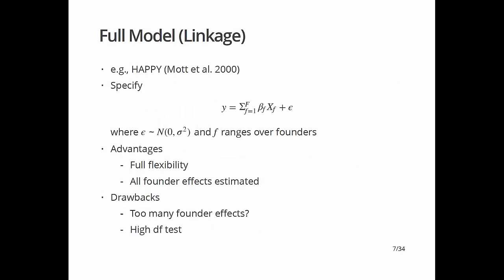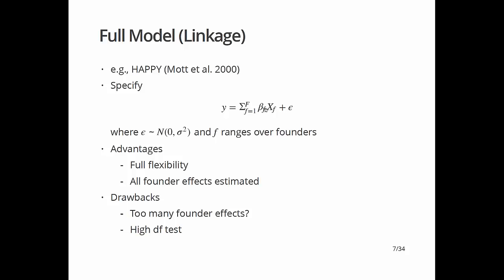So what is in MP-map are the models that I talked about. So the full model, or linkage, was originally proposed by Richard Mott. And the idea is to basically specify that your trait Y is affected by each of the founders with any possible combination of traits. So here, your beta Fs are different effects of each of your founders on your trait.